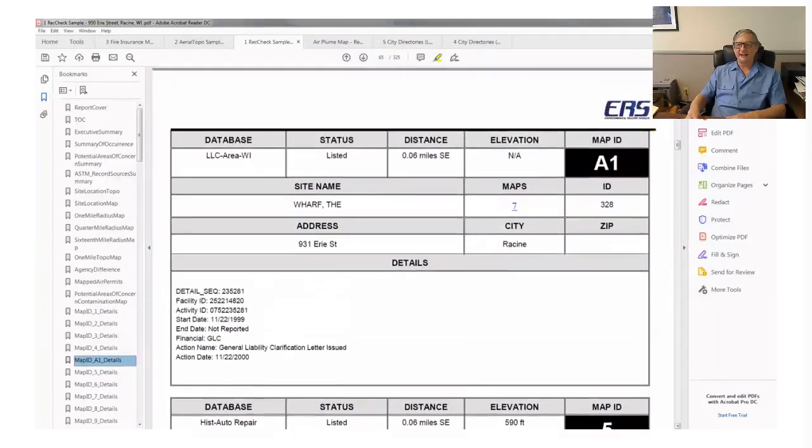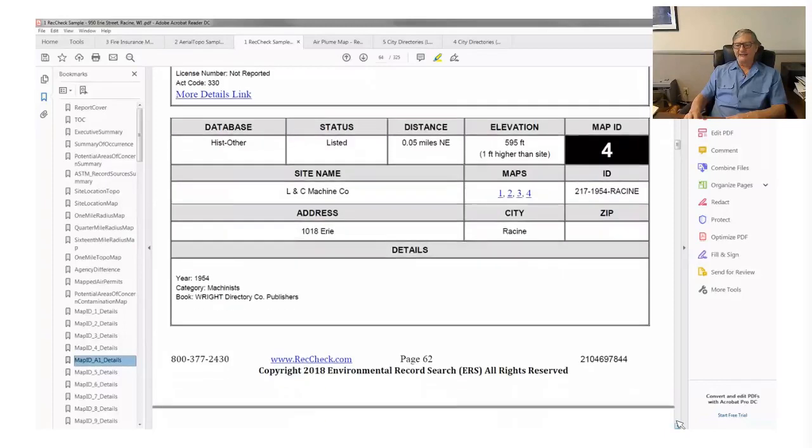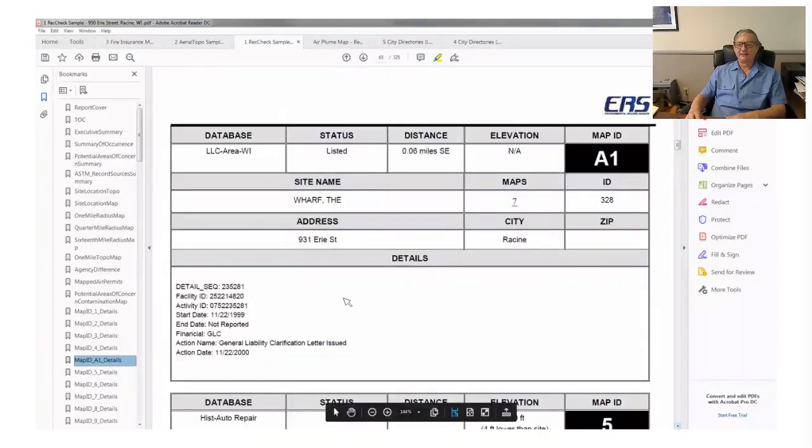So basically, they had an underground storage tank that they had to have their liabilities insurance clarification that they are covered for any leaks or anything like that. And all that started in the late 90s. And so this is just, they needed to supply this. But that means they also had an underground storage tank.